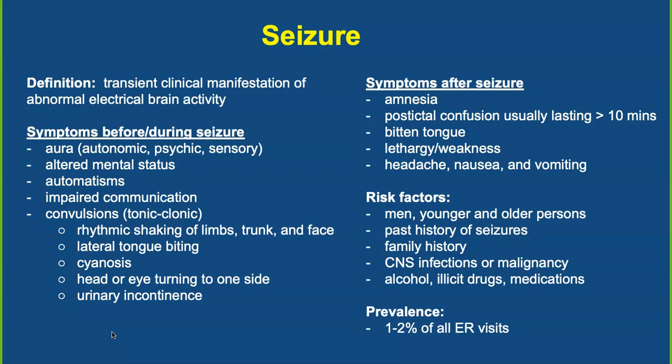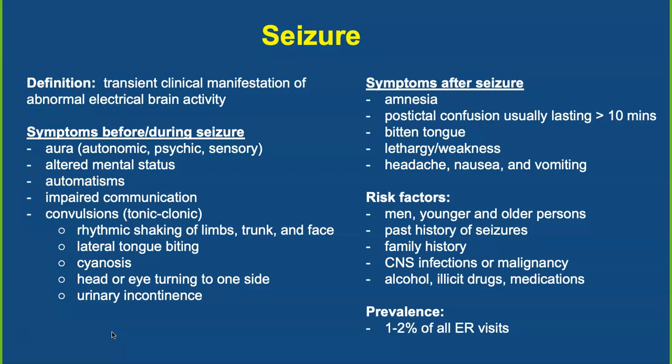So we'll talk mainly about the symptoms before and during the seizure. The patients might have things like auras in which they feel different. They might have things like deja vu. During the seizure itself, the things most notable to ask about is if there are any convulsions, any rhythmic shaking of the limbs or the trunk, any tongue biting, any head turning, or any urinary incontinence.